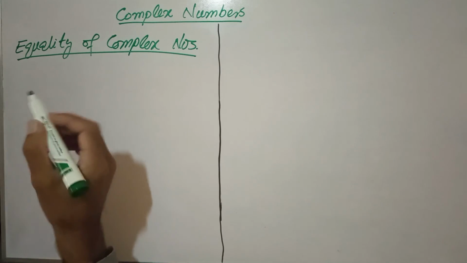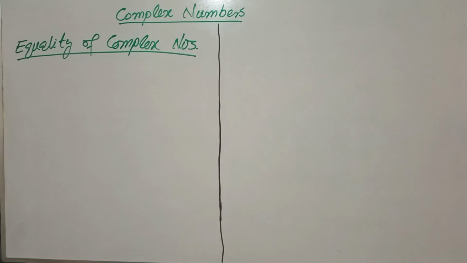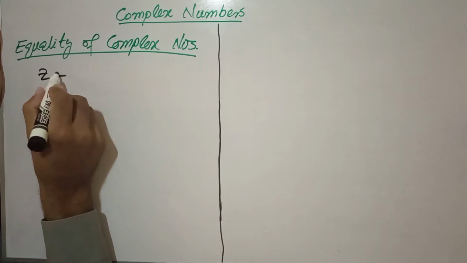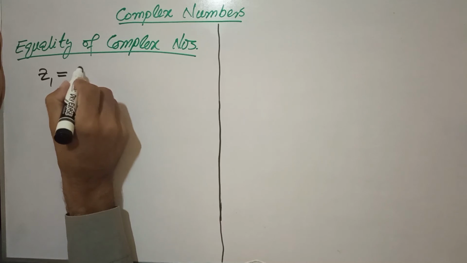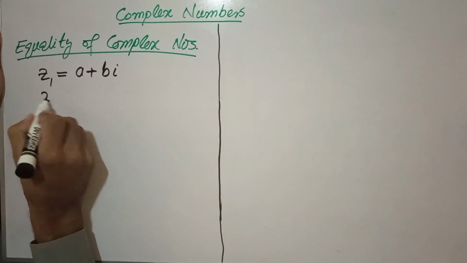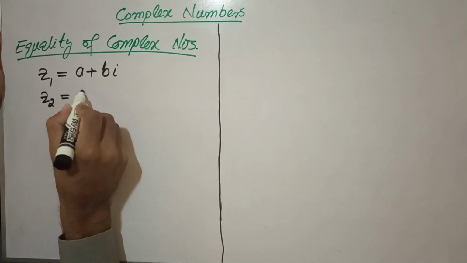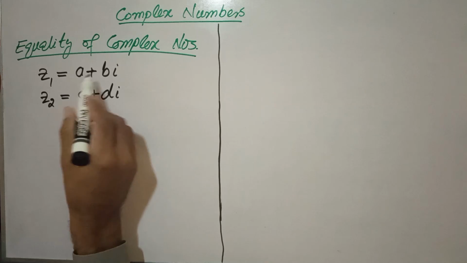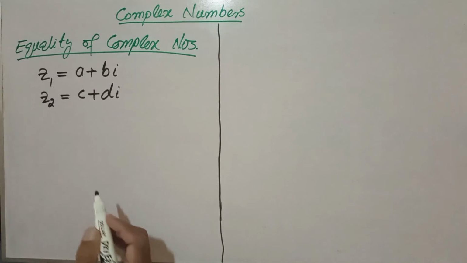Now we consider equality of complex numbers. For example, if we have two complex numbers, z1 is equal to a plus b iota, and z2 is equal to c plus d iota. Here a, b, c, d are any real numbers.